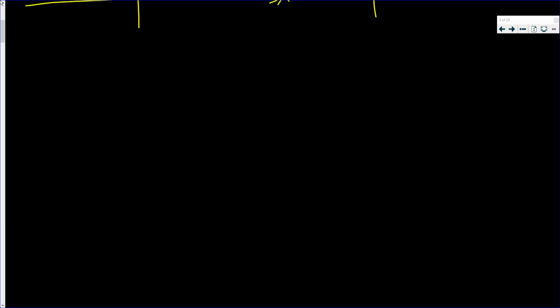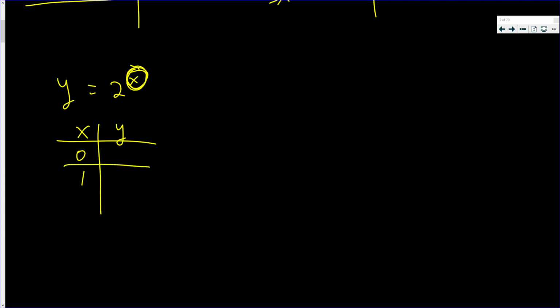They have to be 2 intelligent points. What you always want to do, the 2 points you pick are the 2 values that make the power 0, which is when x is 0, and the x value that makes the power 1. There's only one value that makes this power 1, and that's when x is 1.